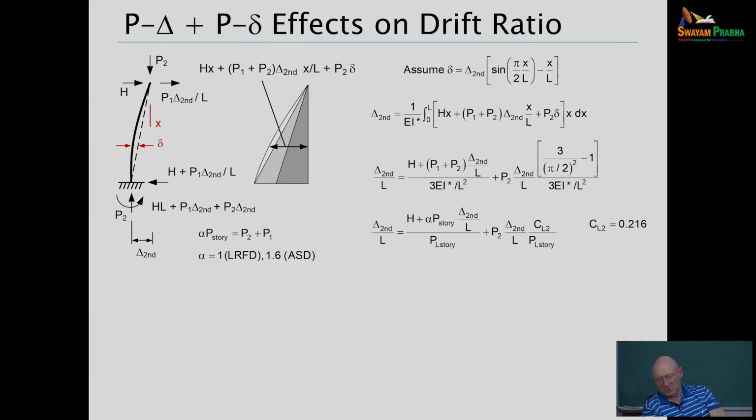So you can see I've replaced the bracket in the bottom equation on the right by CL2 for column 2. And 3EI over L squared, I've replaced by PE story. We replace P1 plus P2 by alpha P story. That's our total vertical load, right? So now we can simplify that equation.